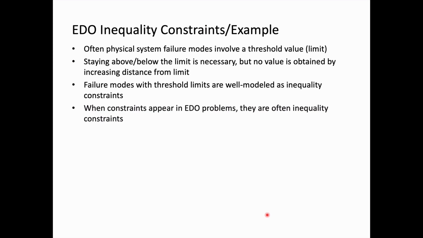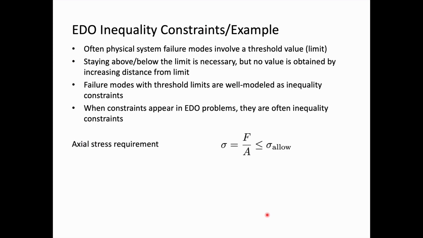And when constraints appear in design optimization problems, they usually are inequality constraints. There are some exceptions, and there are some more advanced problem formulations that use equality constraints in some creative ways. But for the most part, we're going to be dealing with inequality constraints in the practical engineering design problems we're talking about in this class.